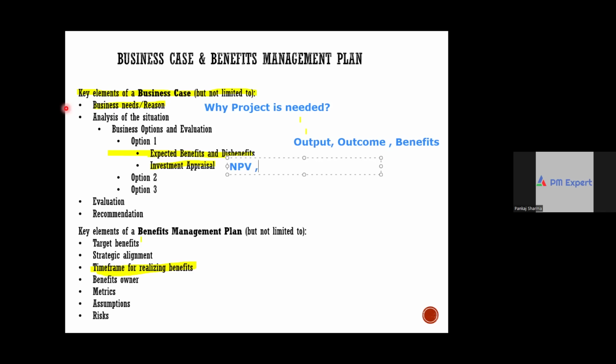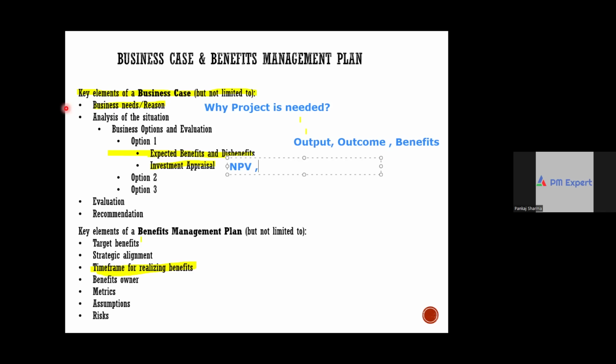NPV is by and large the most used and the most effective method for investment appraisal, guys. Net present value is the difference of present value of cash inflows and cash outflows. Now, what is present value and how is it calculated? I'll talk about this in a separate session.